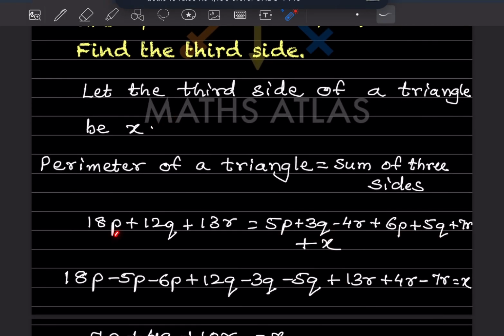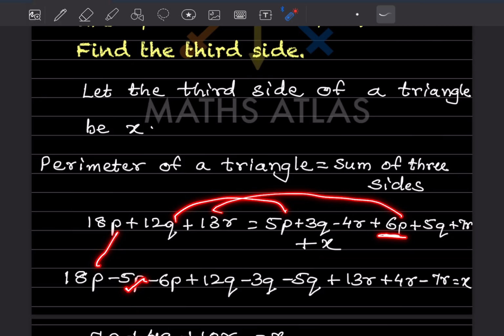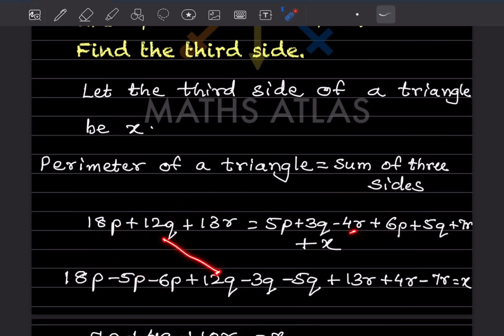So 18p as it is, this will come on this side, that will be minus 5p. This will come on this side, plus 6 will become minus 6p. This as it is, this will go on the other side, that is going to be minus 3q, and this is going to be minus 5q, and this will be as it is.